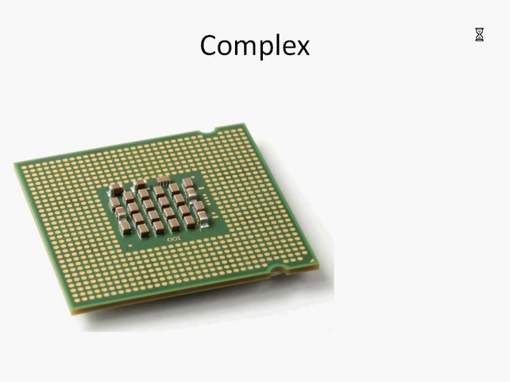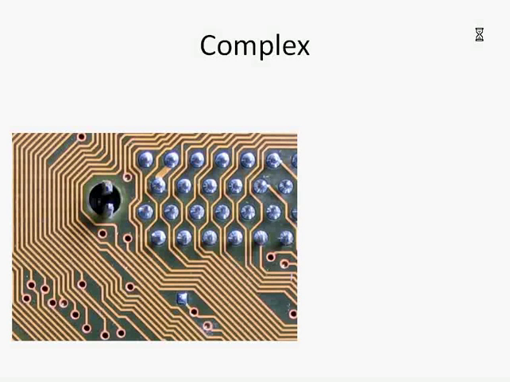We know they are very complex pieces of equipment. So that image there doesn't really do justice to the complexity of a processor. If we were to look at one underneath a magnifying glass, then we might see thousands of different wires that have been printed on to the device, thousands of different transistors and components that have been printed on there.